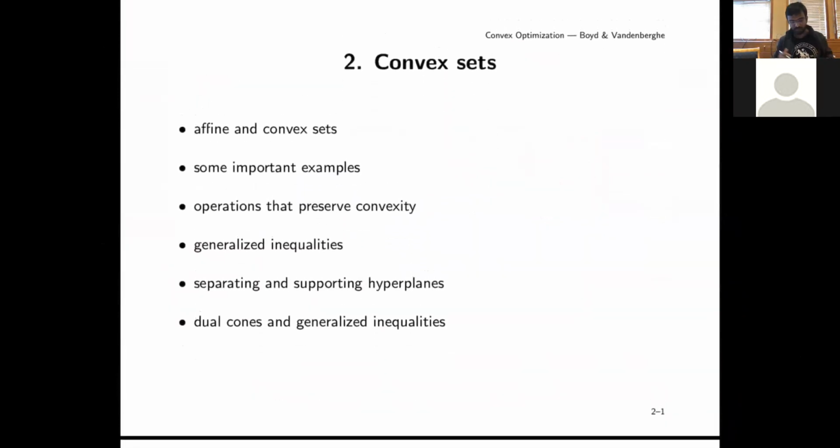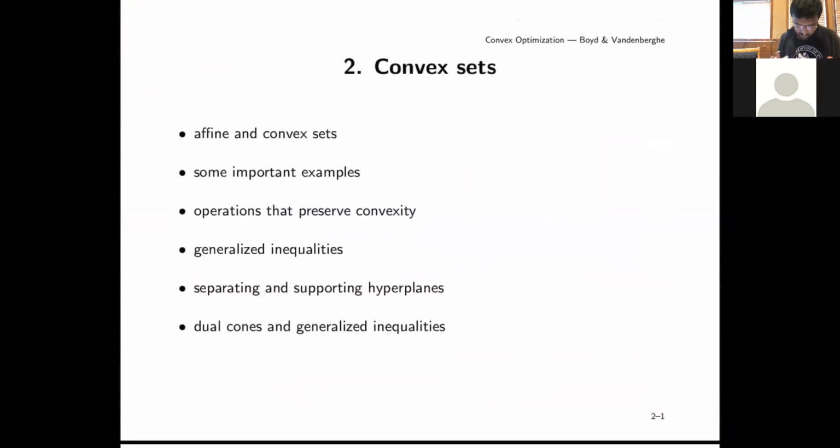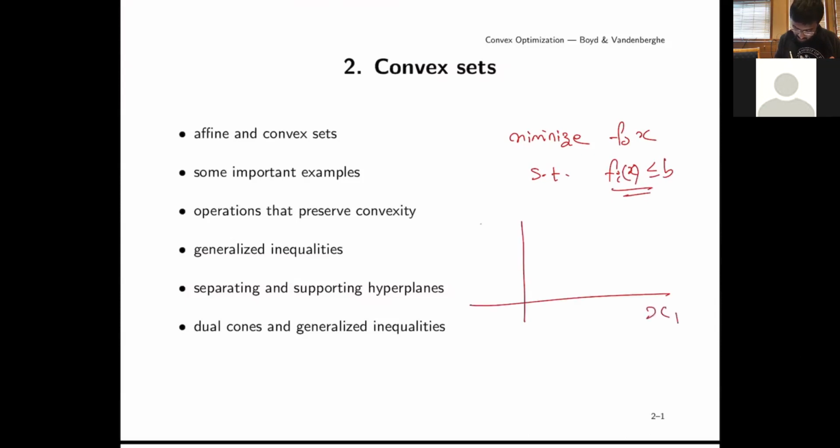Now we move to a new topic called convex sets. We saw that the typical optimization problem is minimize f0(x) subject to fi(x) less than or equal to bi, something like that, right? Now, as I said, this could be x1, x2.